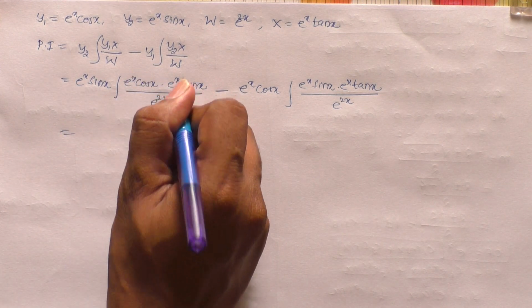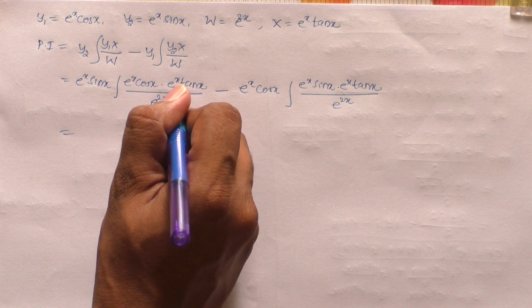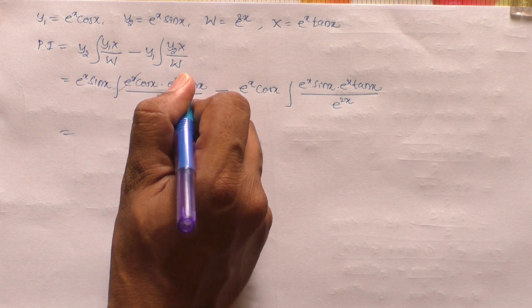Here the numerator is e raised to 2x and the denominator is e raised to 2x, so that term gets cancelled.